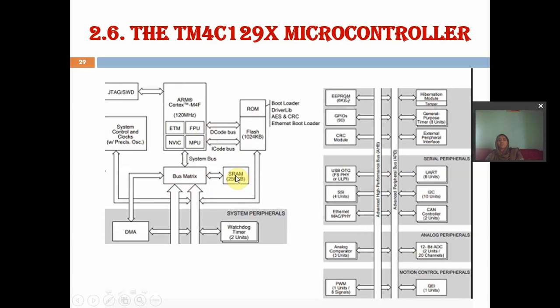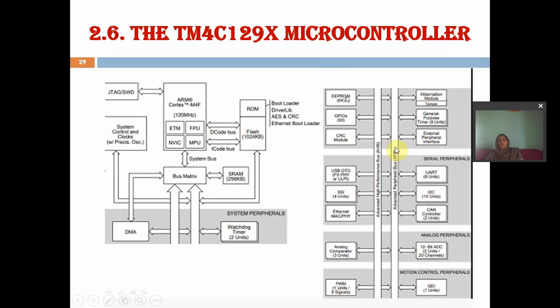RAM is for data memory and ROM is for instruction memory. So constant data is stored in ROM, and instructions are stored in flash ROM.